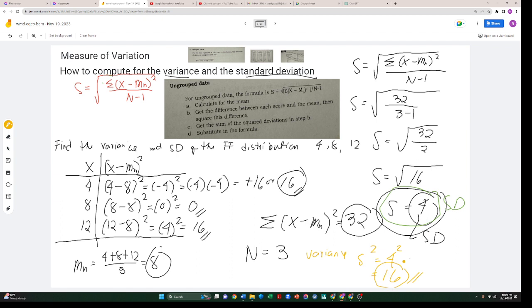That is how to interpret it. For one standard deviation, 68% of the data falls within it, if the data set is normally distributed. For 2 standard deviations, it is 95%. For 3 standard deviations, it is 99.7%. Your data set is normally distributed.